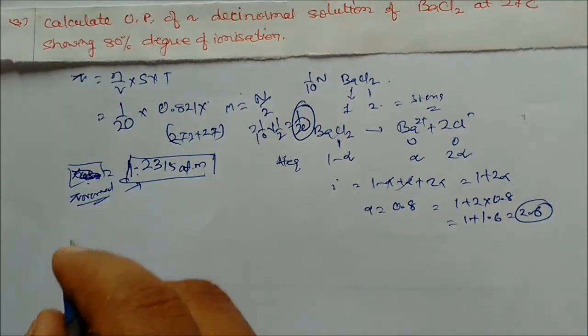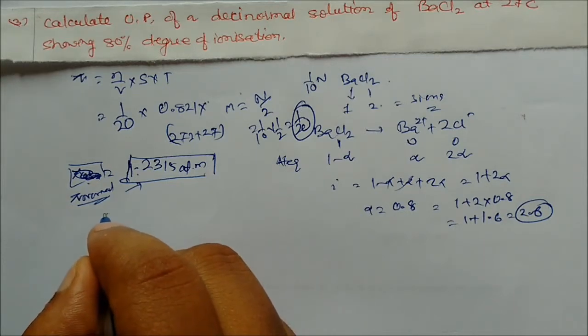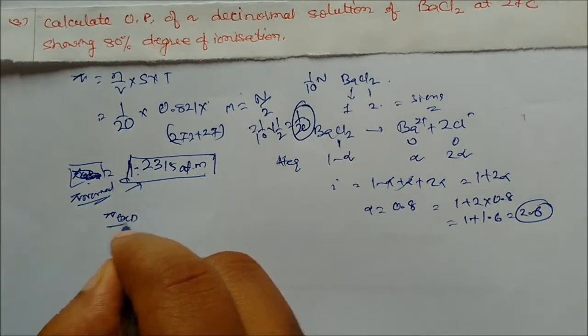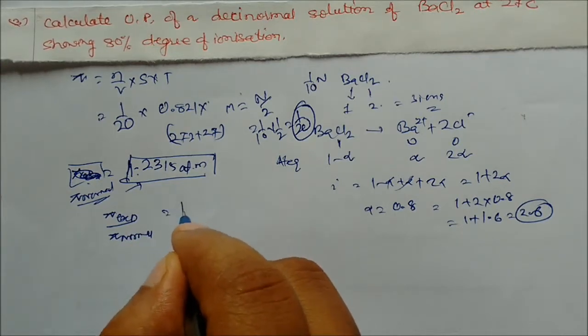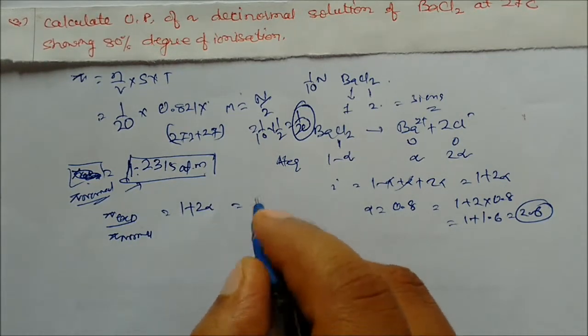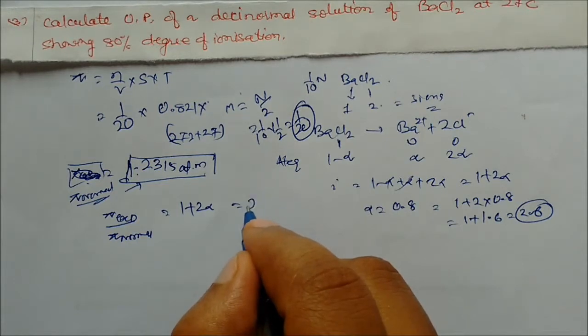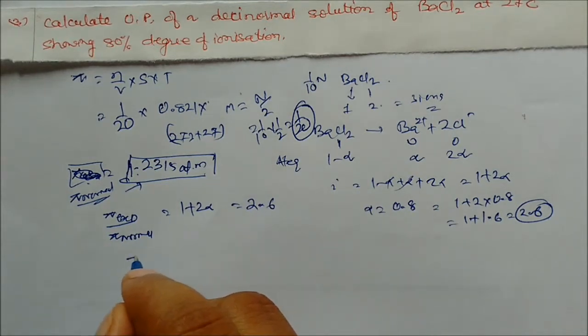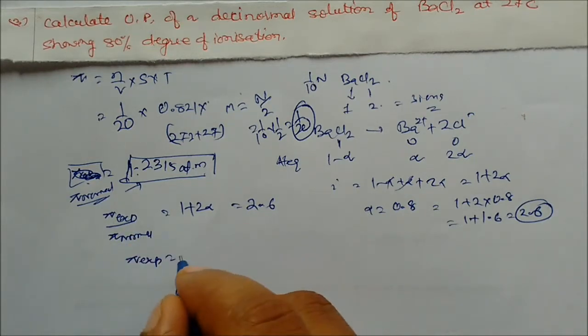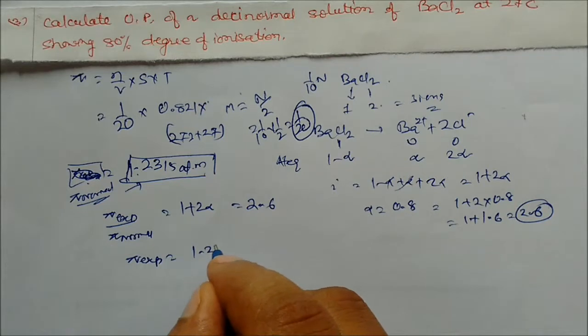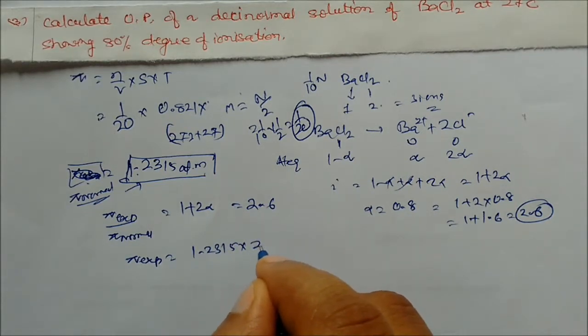So what is the observed, experimental? Pi experimental over pi normal is equal to 1 plus 2 alpha, which we know is 2.6. So pi experimental is pi normal, 1.2315, multiplied by 2.6.